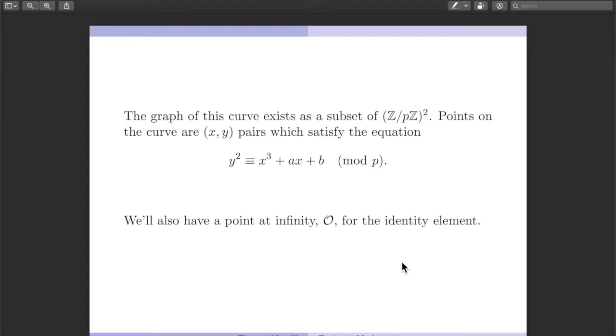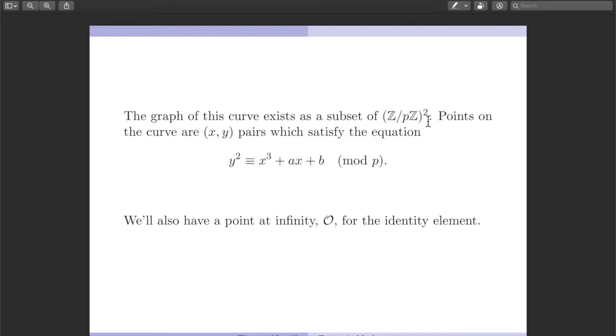If you want to know where this curve lives, it's going to be a subset of (Z mod pZ) squared, the same way as graphs of ordinary real-valued functions exist as subsets of the Cartesian plane, or R squared, you might have seen it called.